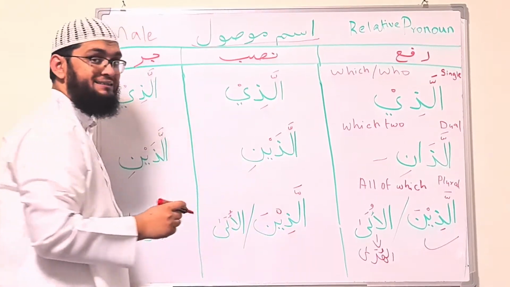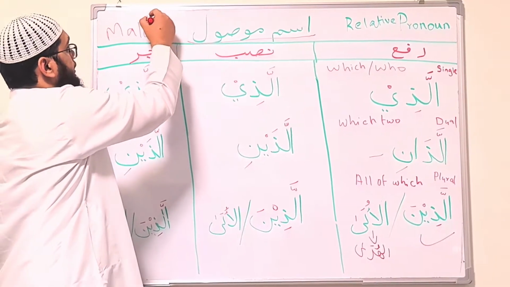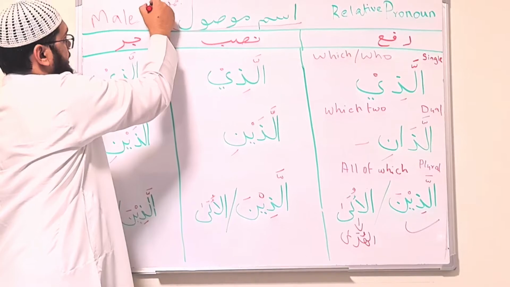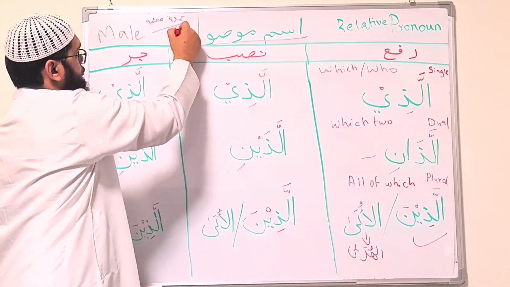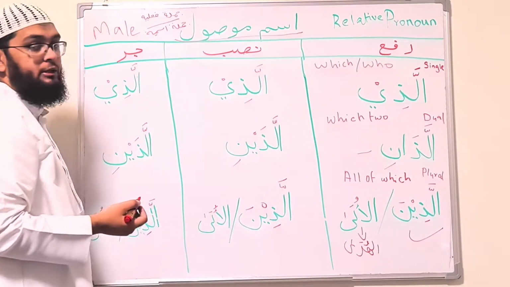Now, one important thing: after alladhi, alladhani, alladhina, or in short, after ism mawsool, there will always be a sentence that will be either a jumla fi'liya or a jumla ismiya. What do I mean by that?